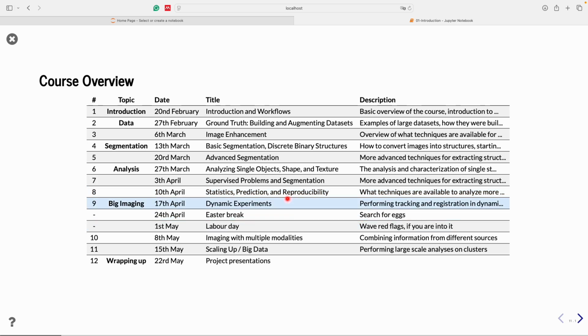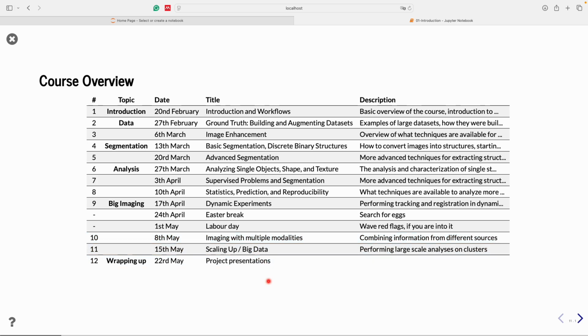And then we continue with some topics around dynamic experiments, which is a special type, which also requires some extra information or workflows. And then in some cases, it's not enough to use just one type of imaging, but you use several, and then multimodal imaging is about how to combine these.